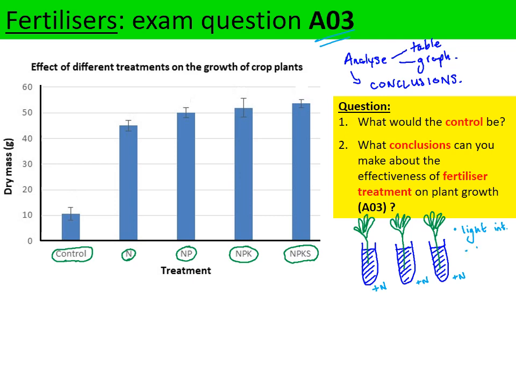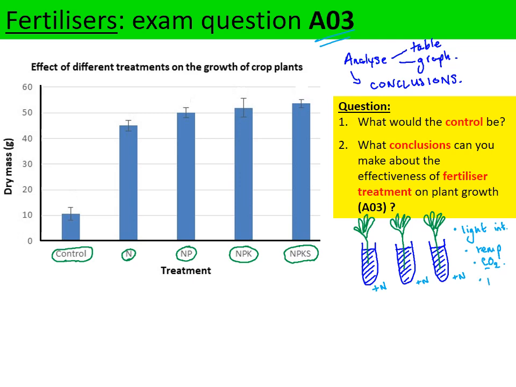We're also going to keep the temperature of the solution the same and the ambient temperature surrounding the seedlings consistent. We're also going to use a certain concentration of carbon dioxide and keep that consistent because that's needed. The carbon from it's needed to make glucose in photosynthesis in the Calvin cycle.